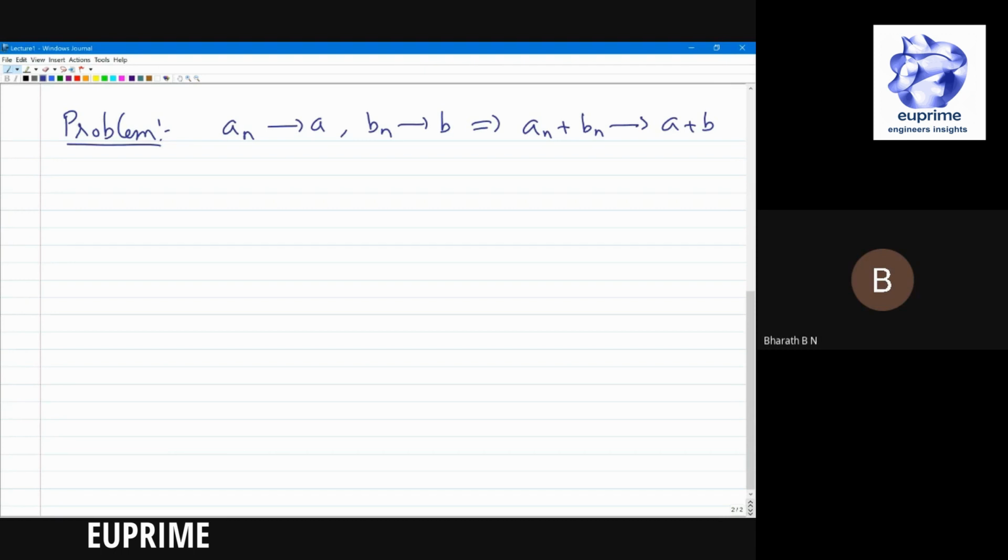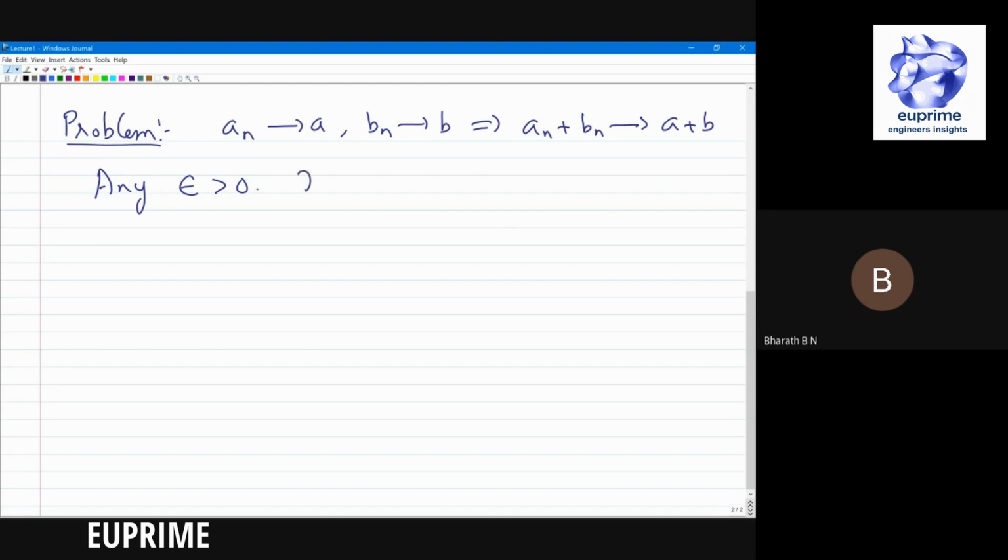So I know that a_n converges to a. What does that mean? There is an epsilon room around a, so that the sequence a_n will enter that room, right? So let's fix an epsilon, any epsilon greater than 0. Now for this epsilon, I can find a stage beyond which a_n will enter this room.